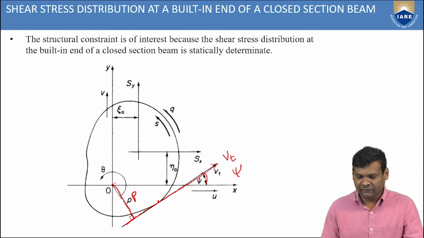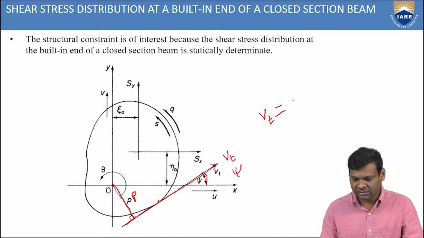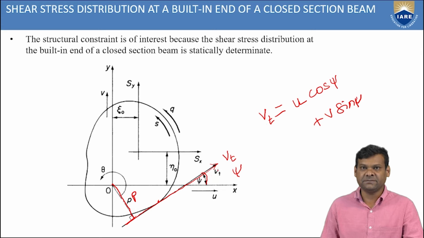And now Vt can be written as Vt is equal to u cos phi plus v sin phi. This is the displacement associated because of u and v at a point, let us say C. And this is called the tangential displacement.